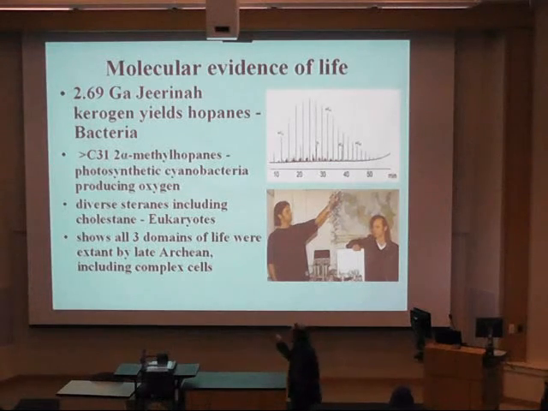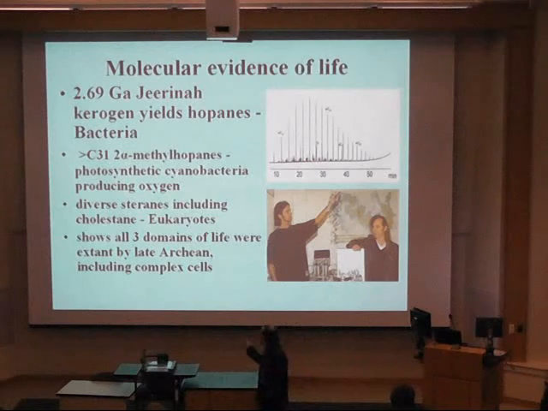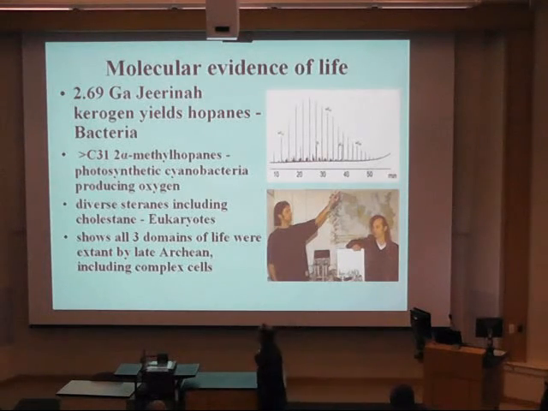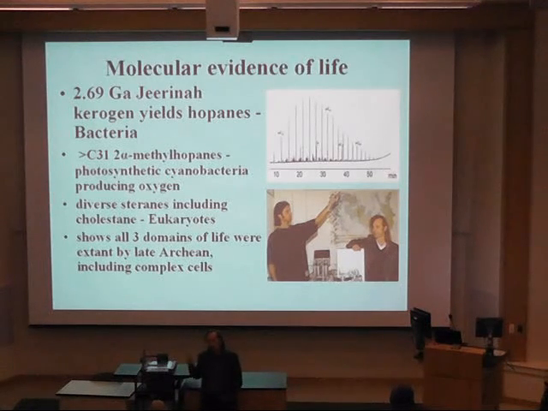And then you also get lots of sterol molecules, including cholesterol, the derivative of cholesterol, out of these things. They tell you that you're dealing with eukaryotes. So by 2.7 billion years ago, we had all three major domains of life, the eukaryotes, the archaea, the bacteria.